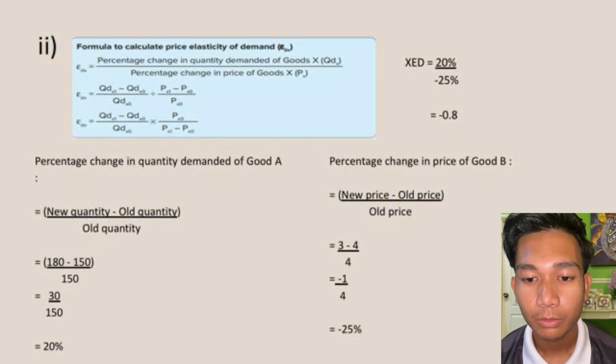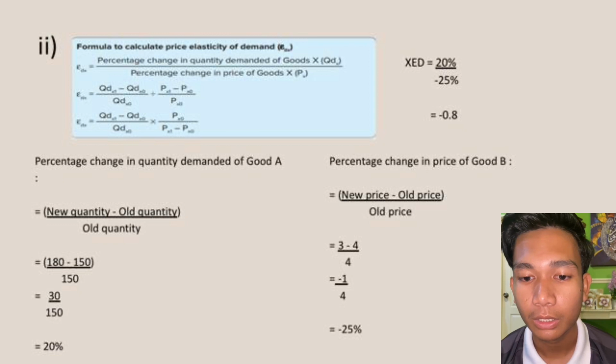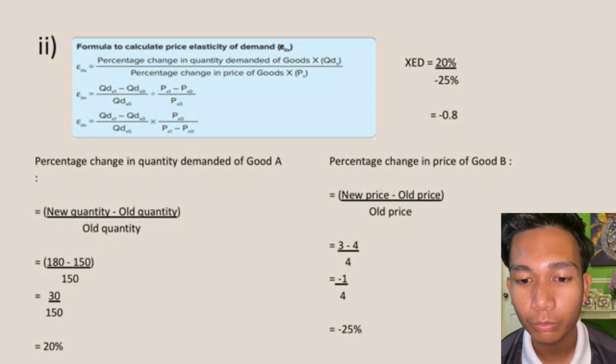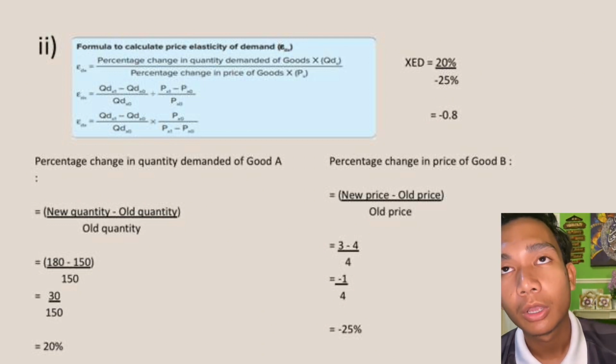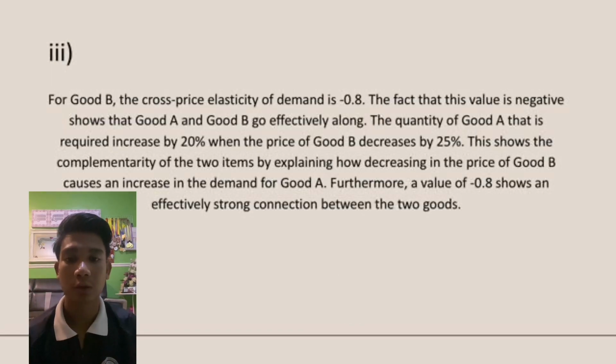The answer is negative 1 over 4, and we multiply it by 100%, and the value is negative 25%. So the cross elasticity value is 20% over negative 25%. After dividing, the answer is 0.8.